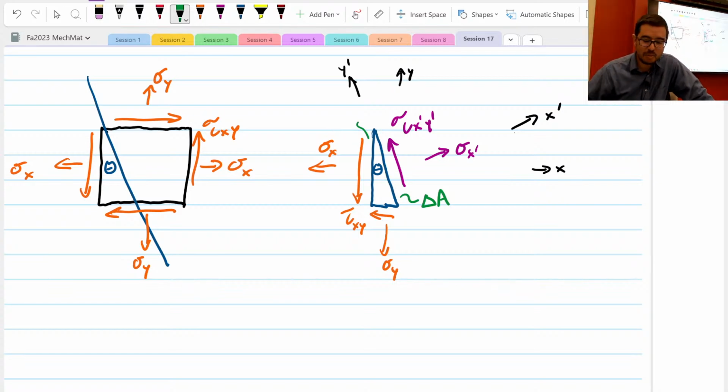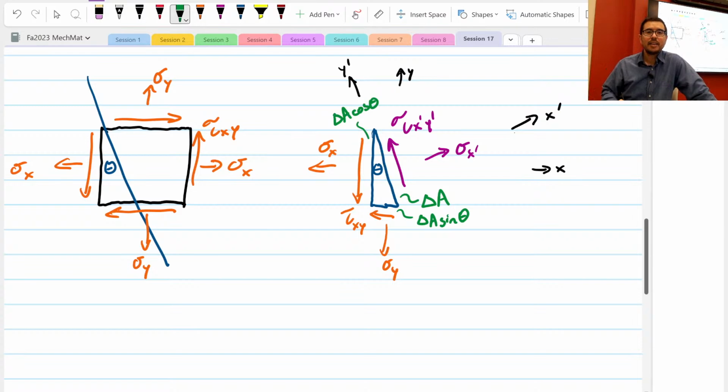Try again. Remember, this is theta on this side, it's up here. This is why we're doing this, because it's tricky. So now that you've done that one, I'll do the easy one. Thank you for helping me out. Everyone see that? So now we've got some areas that these things are working on.